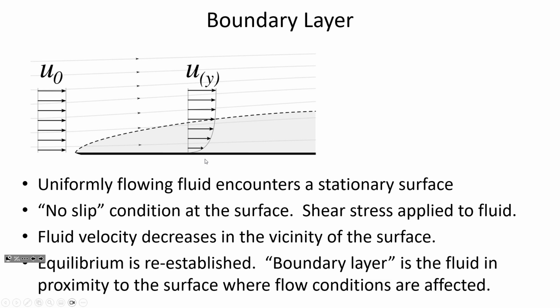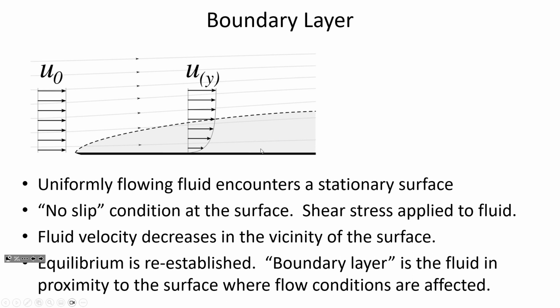So an equilibrium is established once the water encounters the plate and it's like no longer slowing down. You can see that the slope that was increasing for a little while tapers off, and now it's just parallel to the plate itself.